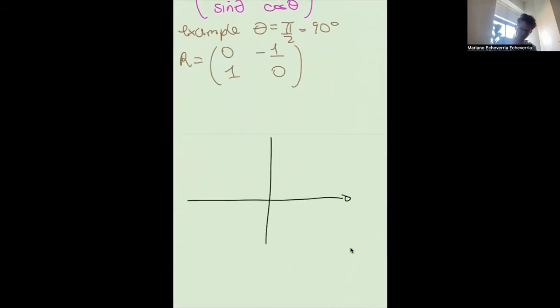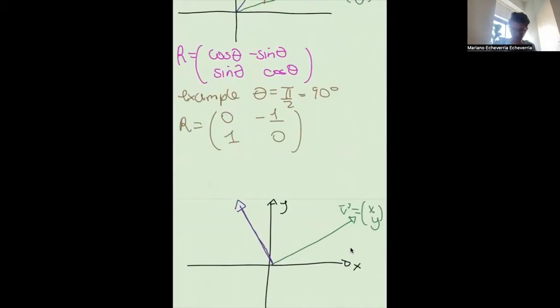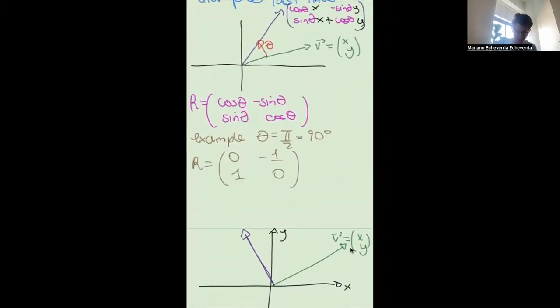So to make this a better picture, what that means is that if you started with the vector xy and you wanted to rotate this by 90 degrees, the new vector will look perpendicular to the other vector, right? Okay, so anyone want to try to give me the entries of this new vector?